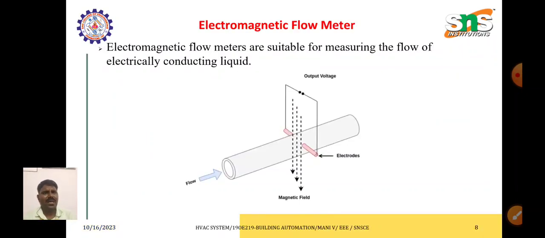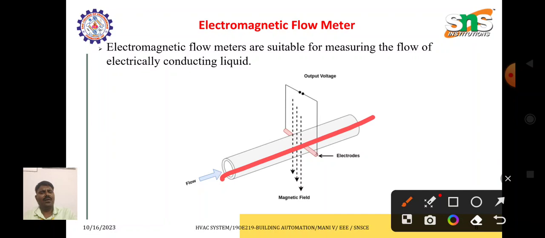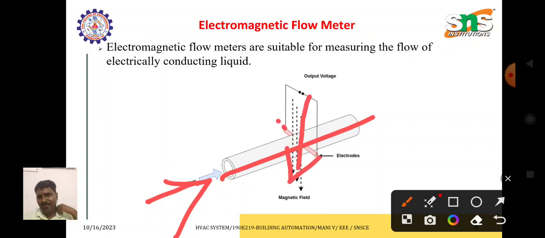And this is the electromagnetic flow meter, which is used to measure the flow of the fluid. Consider this a pipeline with a flow of water or gases. Here we are passing electromagnetic fields across the flow of water or gases.